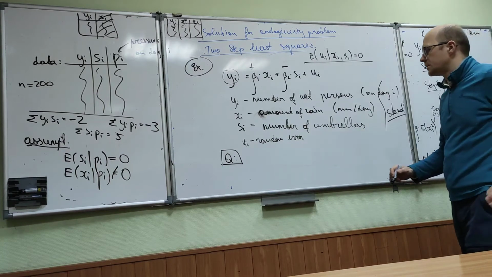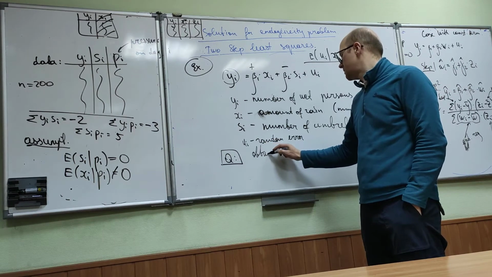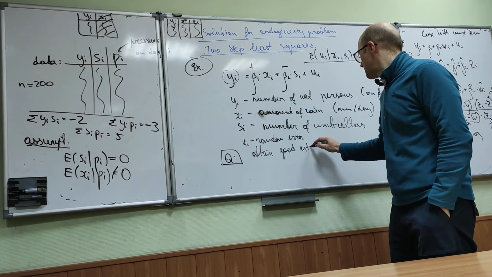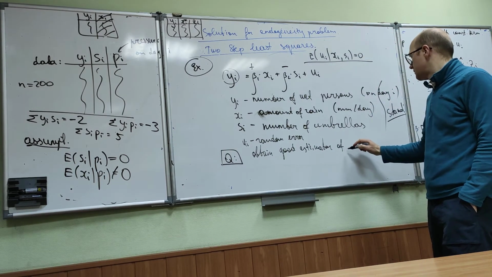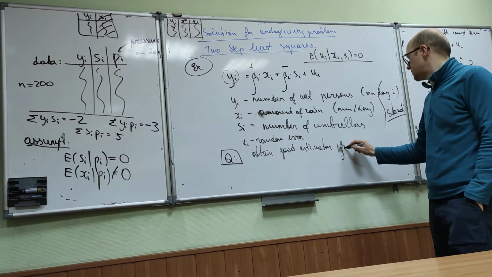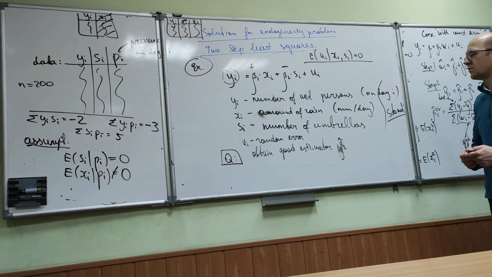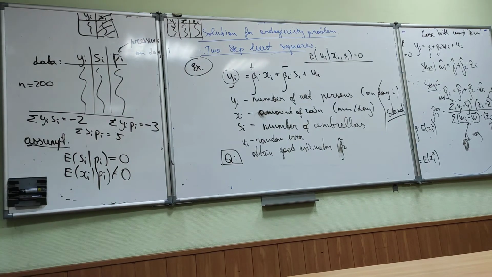My question: obtain a good estimator of beta 2 hat. Obtain a good estimator beta 2 hat. So estimate the influence of the number of umbrellas on y. Okay? The problem is clear?